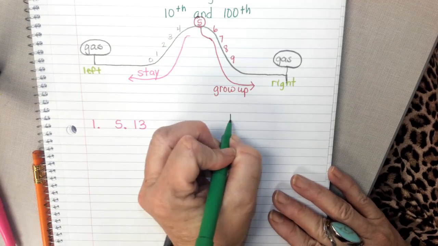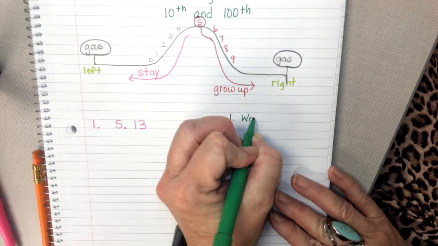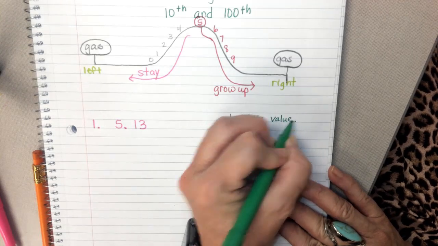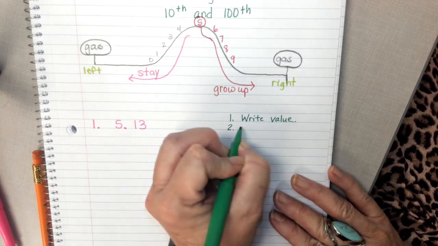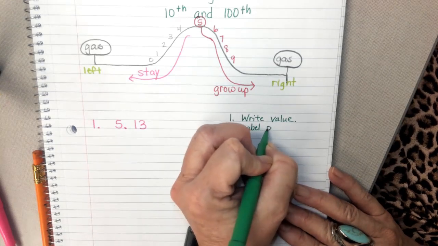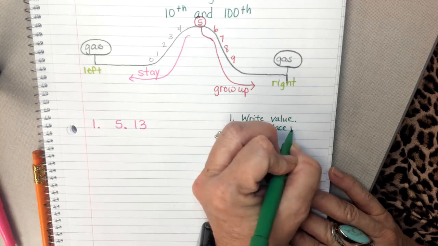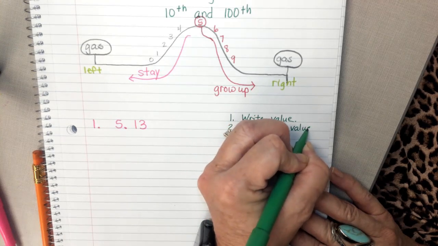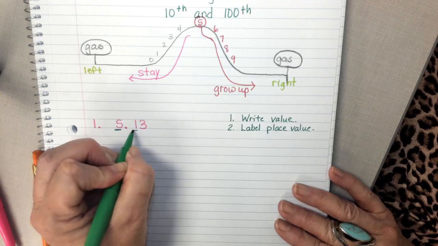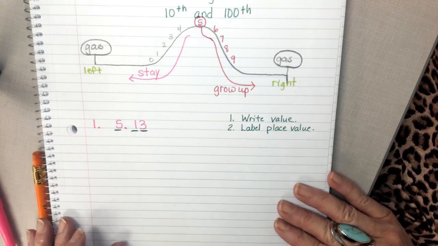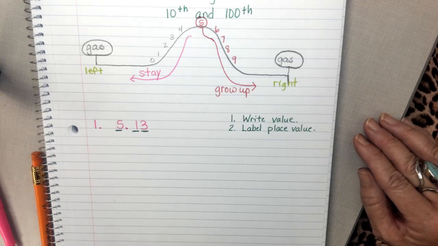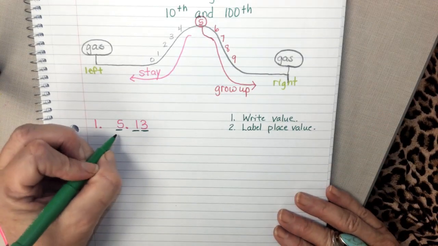So we're going to, number 1, write the value. Number 2, we're going to label the place value. So I'm going to go back and put my place value marks, and I'm going to label these places.